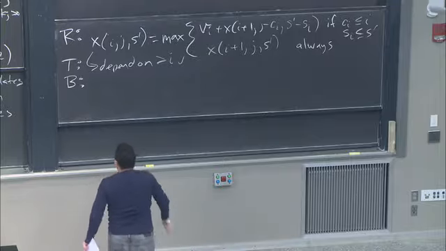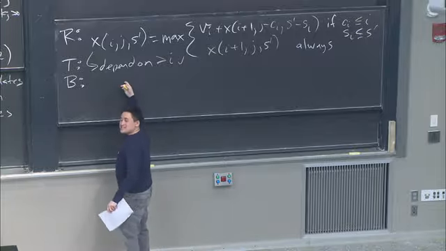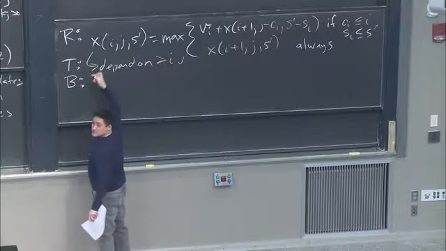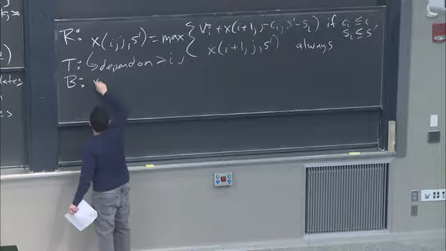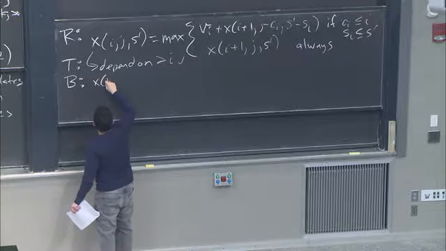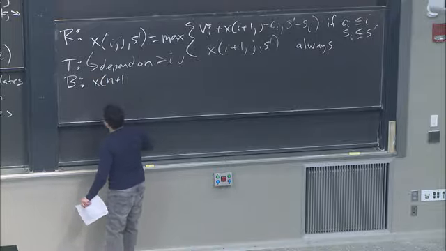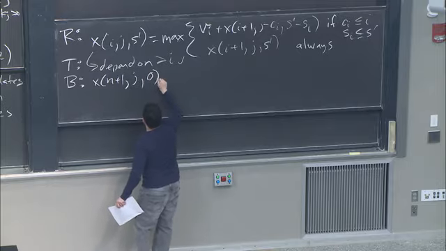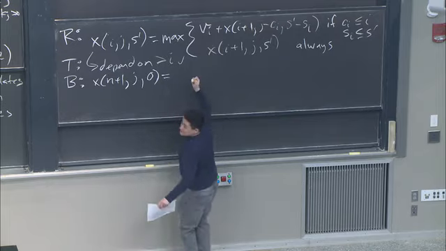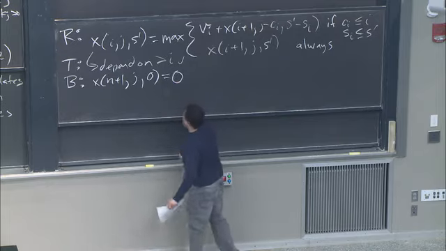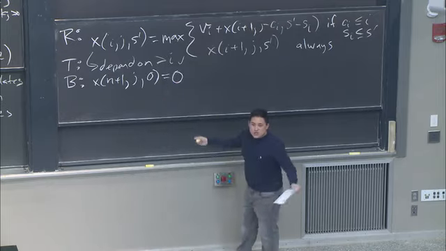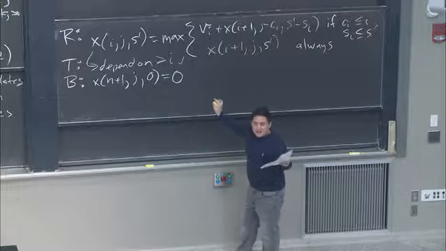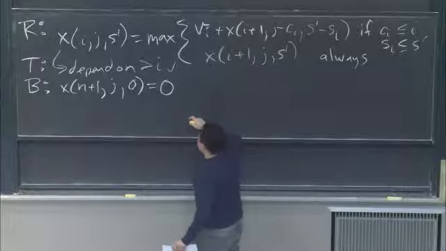I better have eaten exactly S plates. So I want to get down to n plus 1, because I'm 1-indexed, j for any j, 0. That's going to be 0, right? I get no calories there, but it's a good thing. It's a good place. It's fine. 0 is good.